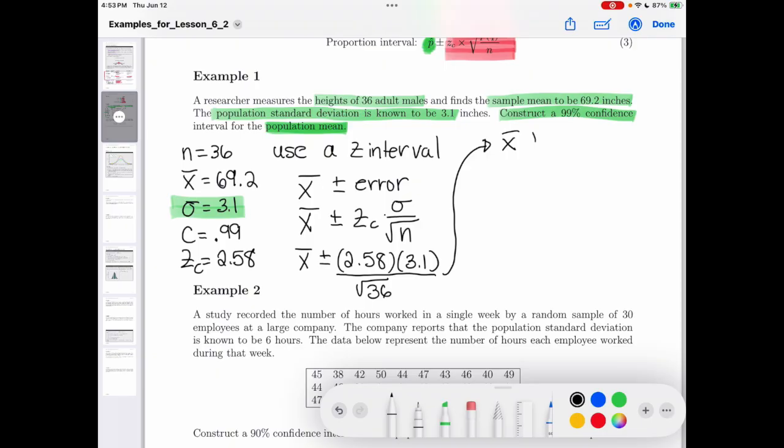Now our error, when we calculate our error, we're going to get 1.3308. So that 1.3308 is coming from this calculation right here. All I did was work that out and then I carried it up here.